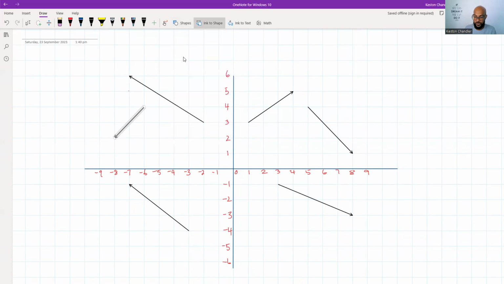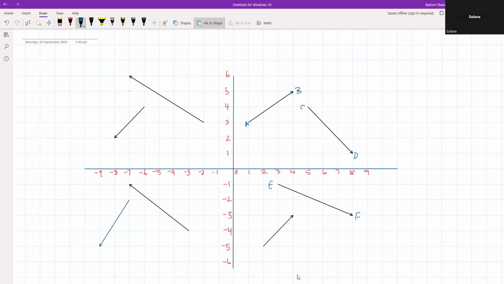Because they're not attached to any origin, so to speak. Wrong direction. I wanted to go the opposite way. And let's label them. So I'll label this one AB. I'll label this one CD. This one is EF.